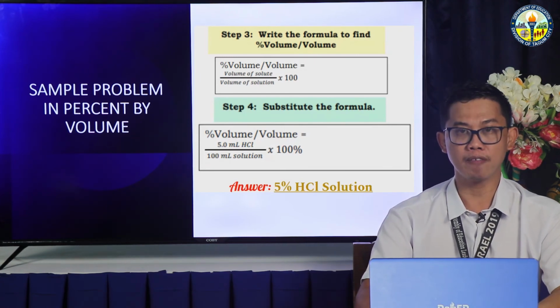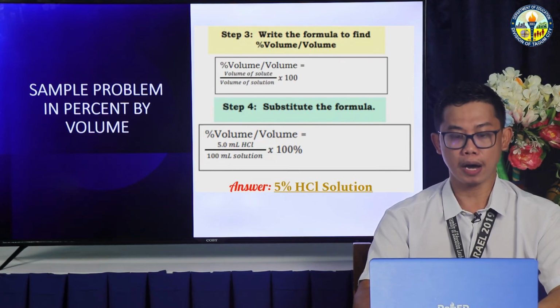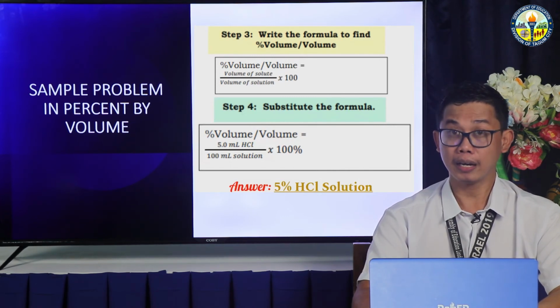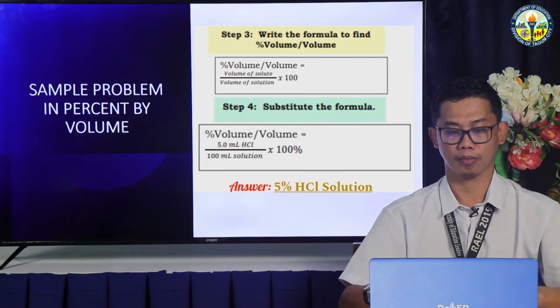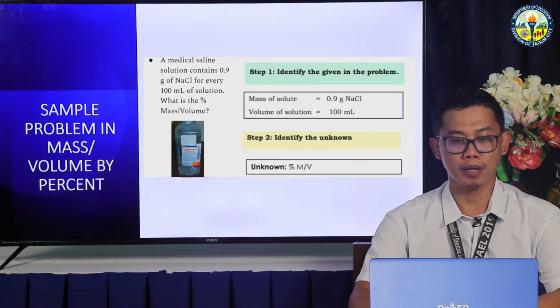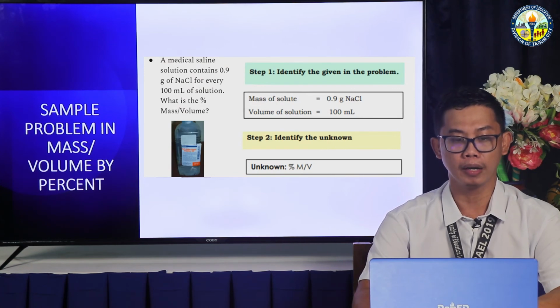That is, percent by volume is equal to 5.0 ml of hydrochloric acid divided by 100 ml solution multiplied by 100%. And the answer is 5% hydrochloric acid solution.